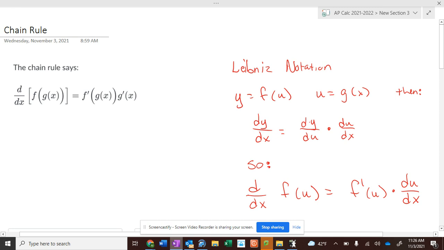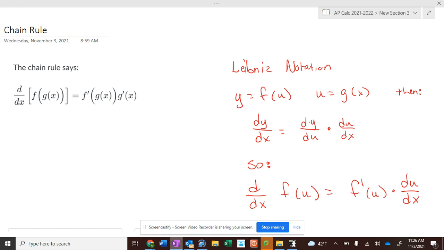All right, chain rule. Here we go. The chain rule says this: the first derivative of a composition function is you take the first derivative of the outside function, evaluated at the inside function, times the derivative of the inside function.